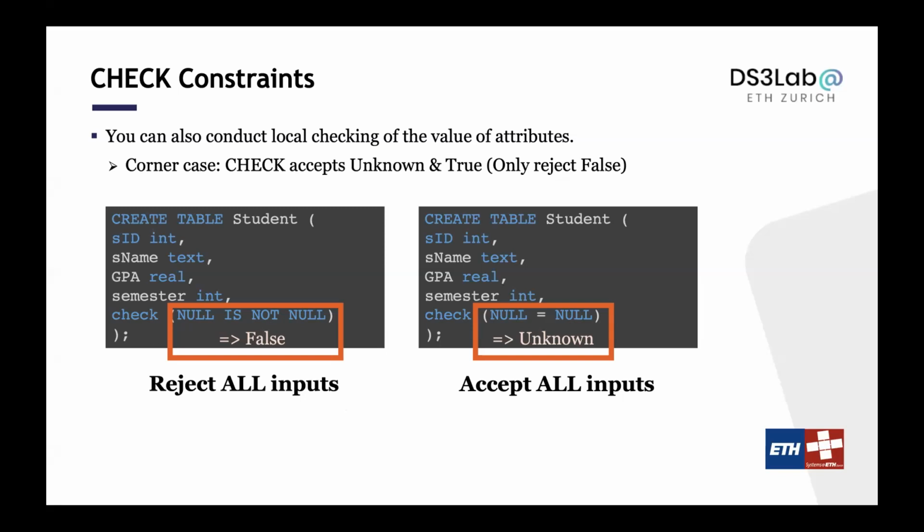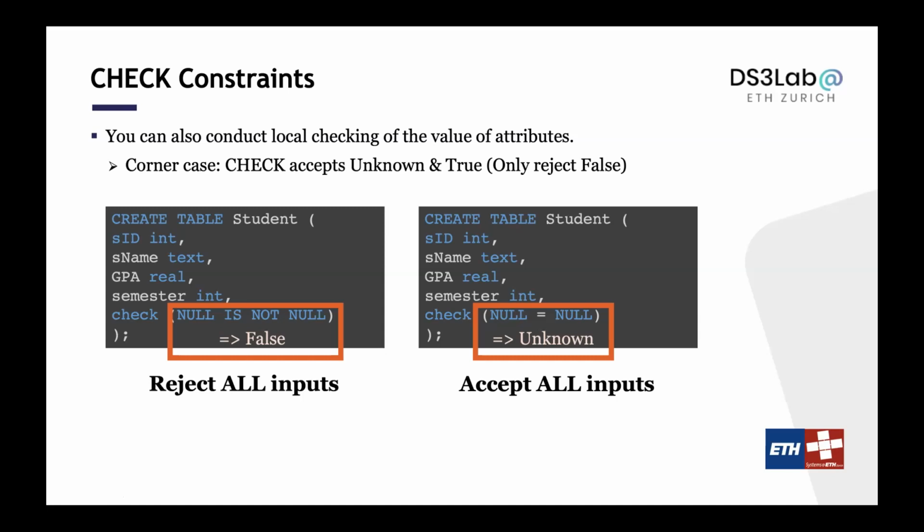I'm not sure I understand. Sorry. So you mean this null equals null could return true in some database systems? If I run a query like this, create table students, and add one constraint in this table, for example check GPA equal to null, and it always has to be true to be able to insert.